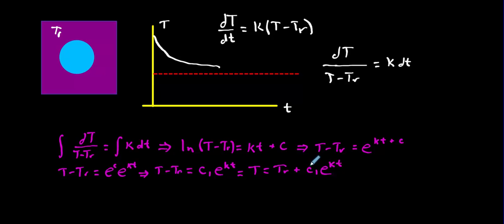I still have to find this constant C1, and I still have to find K. The way you would find those is you would need to be given two values, like the temperature after a given period of time. In other words, a time and a temperature, two of those. And for each one, you could solve for C1 and K. But that's the general equation for Newton's law of cooling.